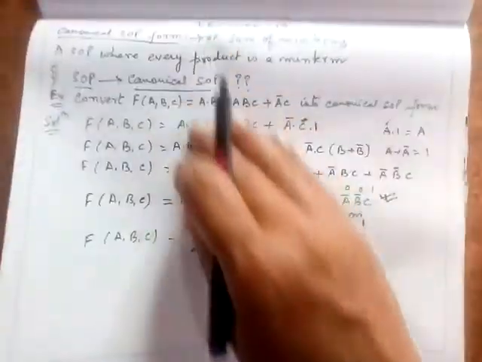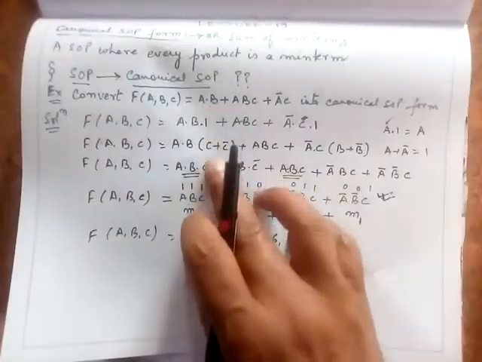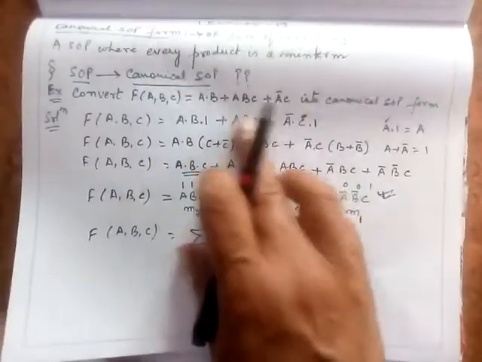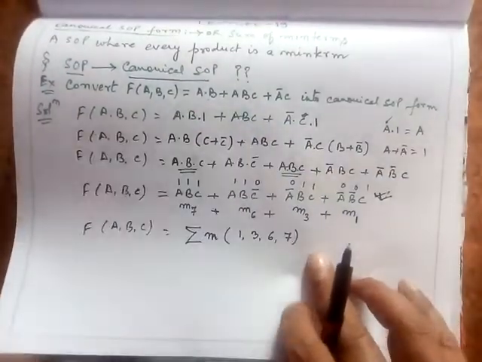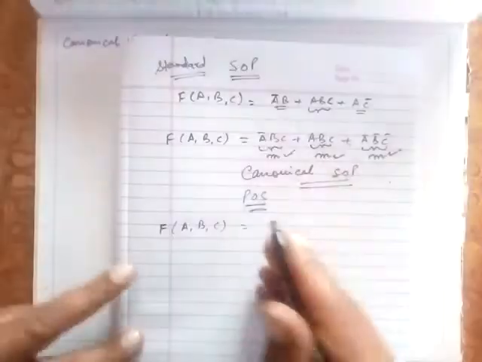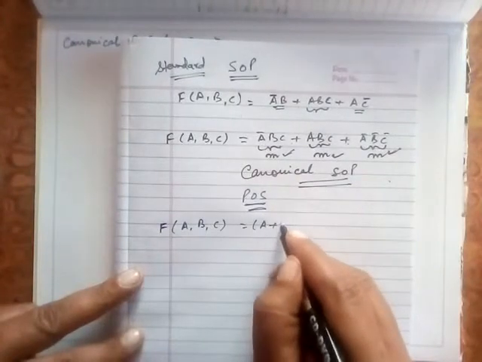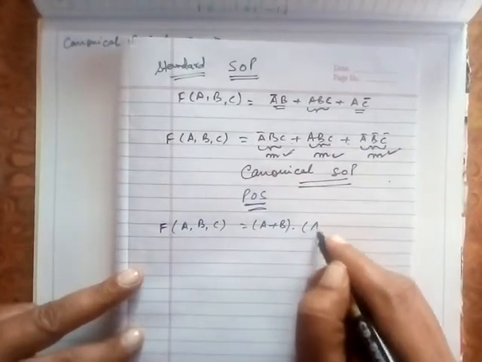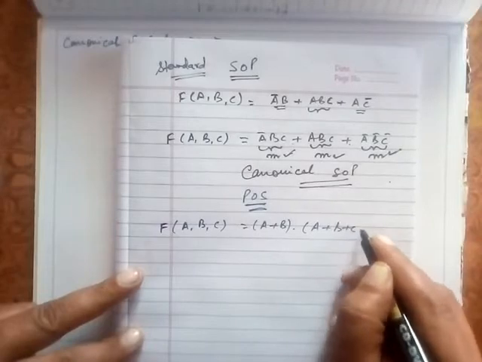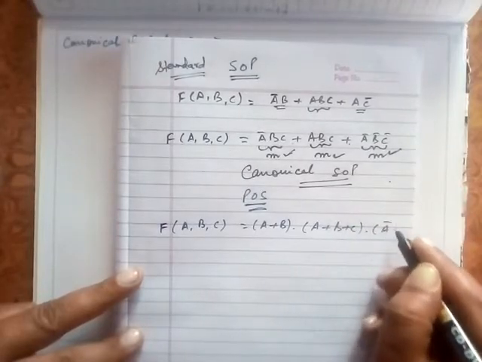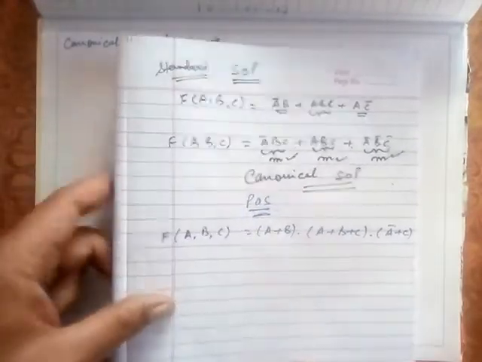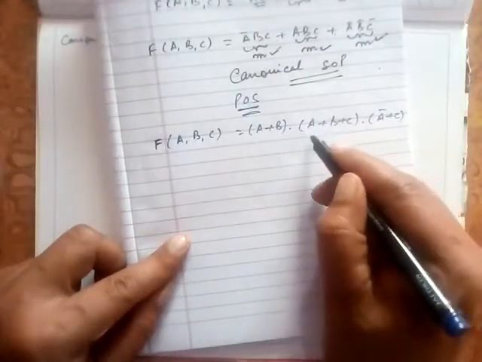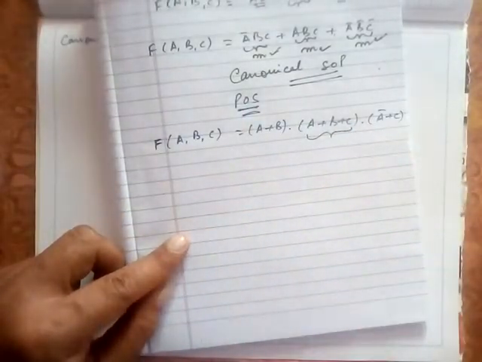Suppose I simply take a plus b dot a plus b plus c dot a bar plus c. This is a POS form, because if you see that this is a mixed term, this is a mixed term, this is not a mixed term, this is not a mixed term.